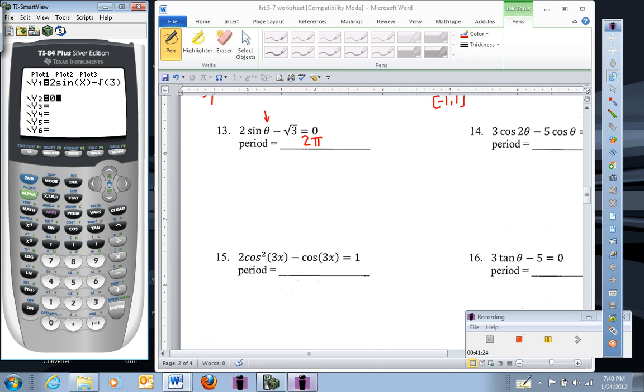Okay, so I have 2 times sine of x minus the square root of 3 is equal to 0. I go to my window, the period is 0 to 2 pi. This one has some amplitude and some phase shift going on here, but when I think about it for a minute, I'm thinking I'm going to try -4 to 4.